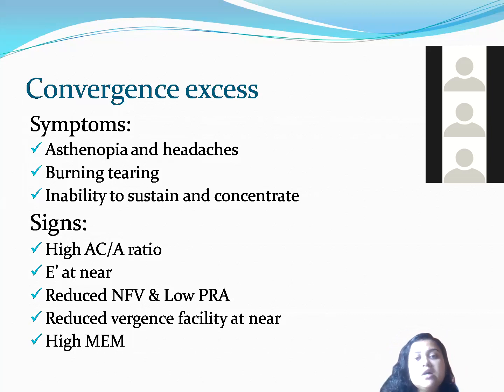Why? Because the target needs to be clear and single. The target cannot be blurred. When the target becomes blur, the first sustained blur is the end point of positive relative accommodation, right? So the target needs to be clear and single.